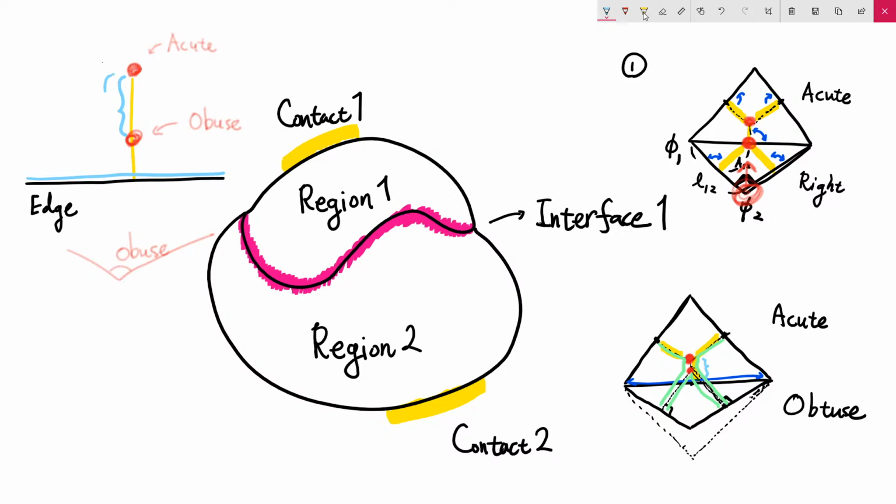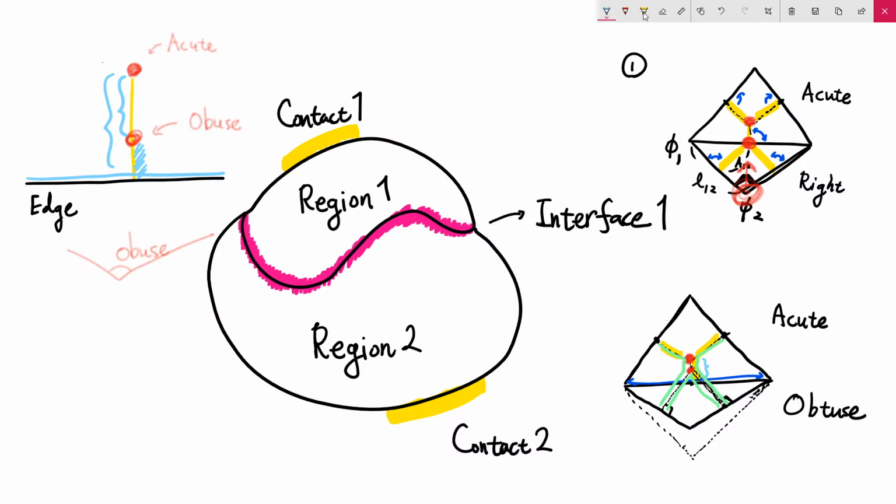If we consider this, then we are overestimating the area for the black edge.